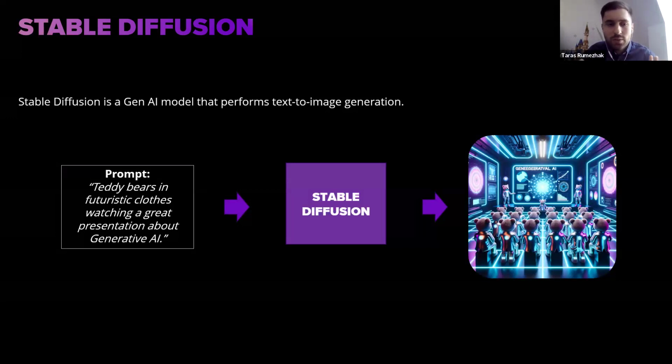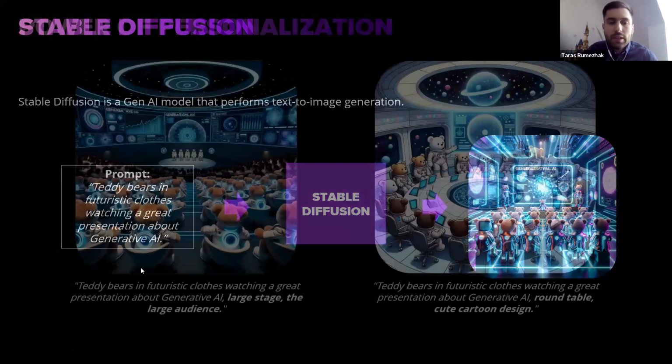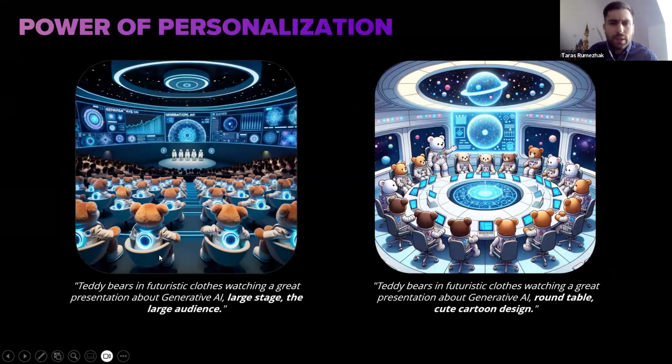How it works: we have a prompt, for example, teddy bears in futuristic clothes watching a great presentation about generative AI. Let's consider Stable Diffusion a black box for now. As a result, we receive the image of what we described in the prompt. But the idea is the power of personalization, because if you want a different image, you just change the prompt.